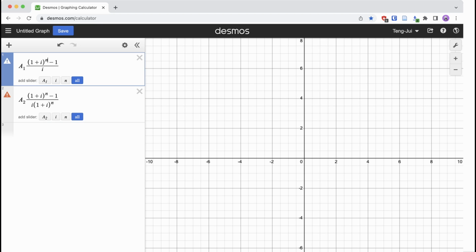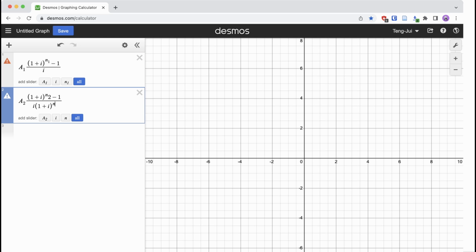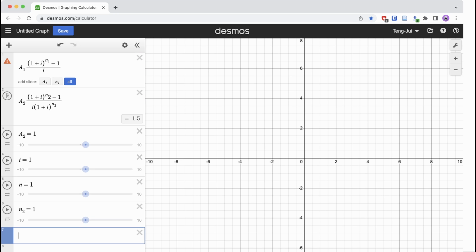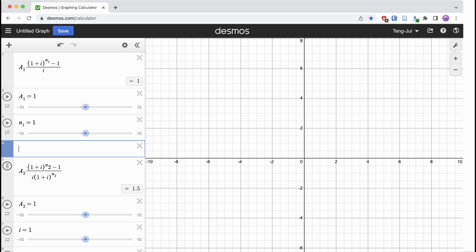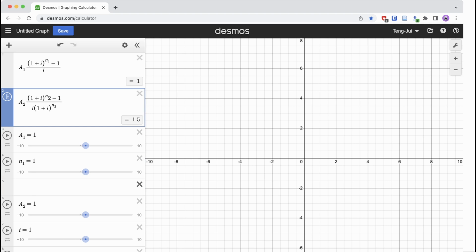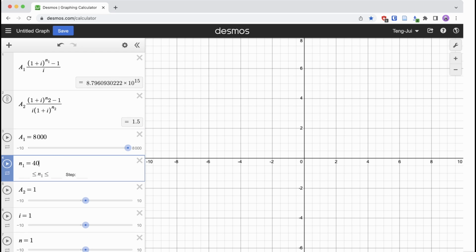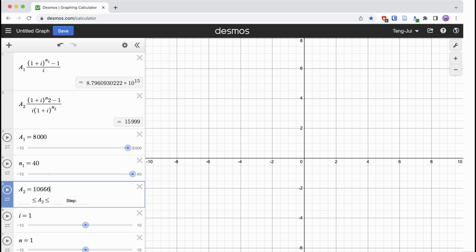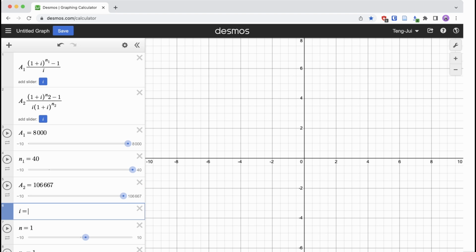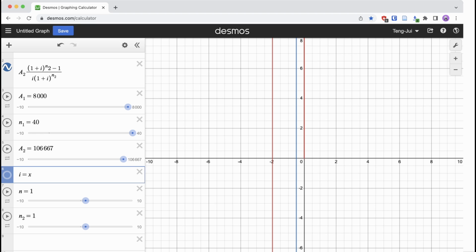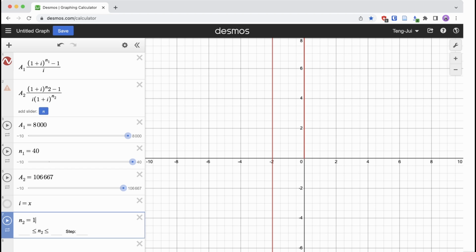And we note that n is also different, n1 and n2. Plug in all the variables. For A1 we have an annuity of 8,000. Years is 40 years. And A2 is 106,667. i is unknown, so x. And n2 is 20 years.